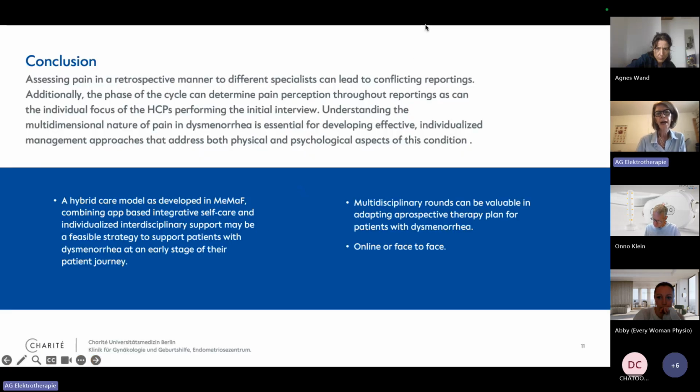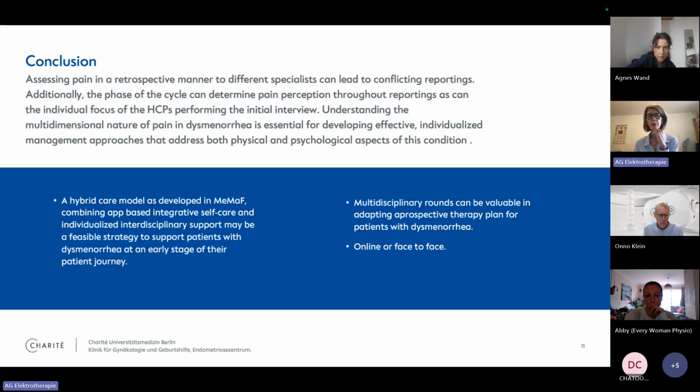Assessing pain in a retrospective manner to different specialists can lead to conflicting reporting. Additionally, the phase of the cycle can determine pain perception through reportings, as can the individual health clinical practitioner performing the initial interview.